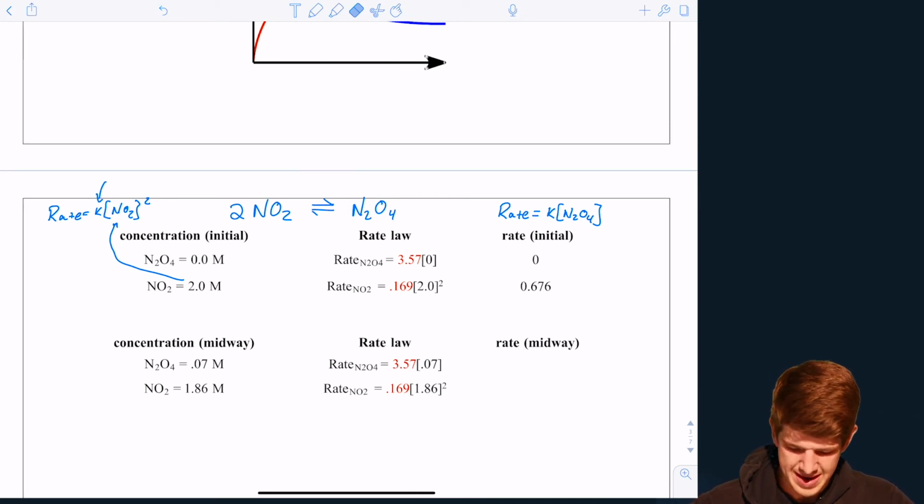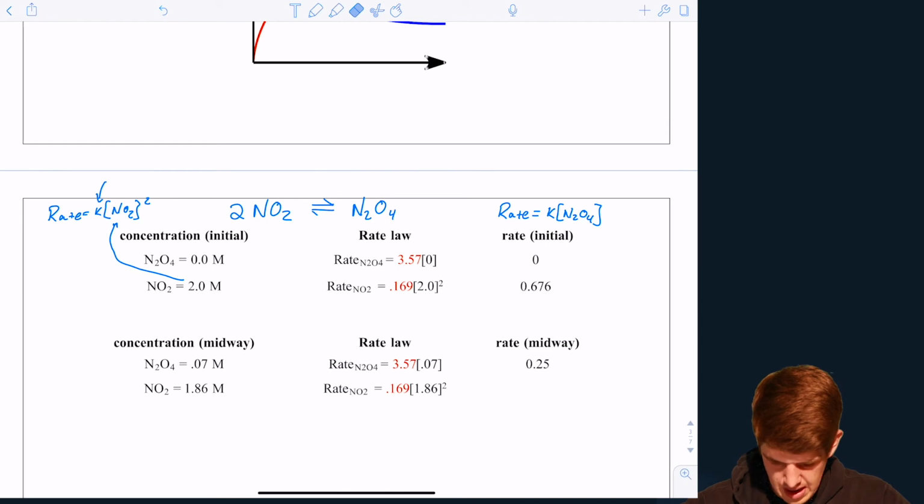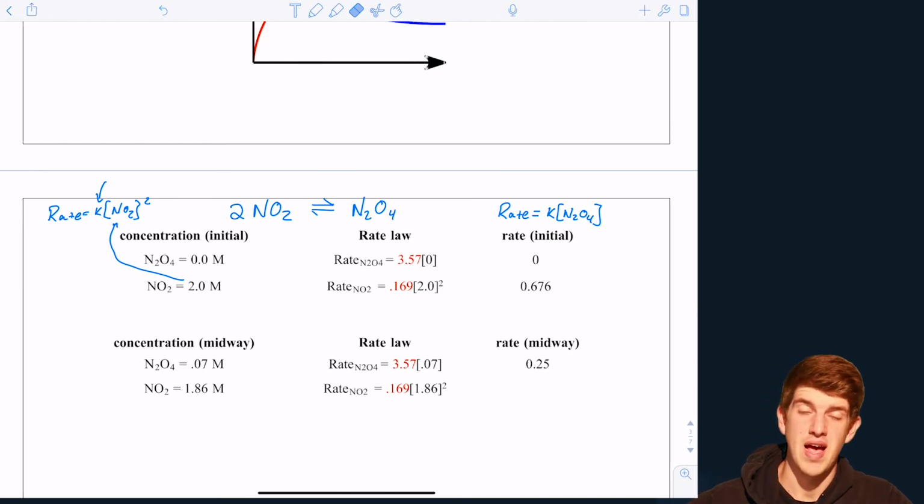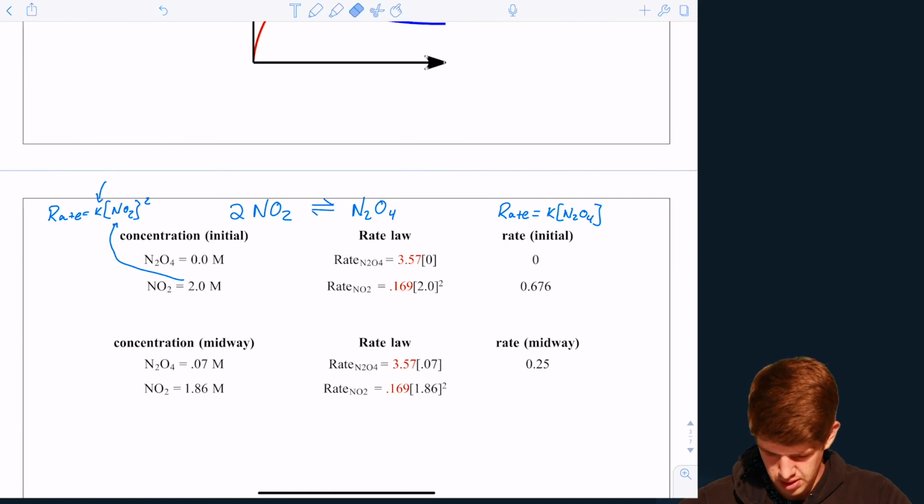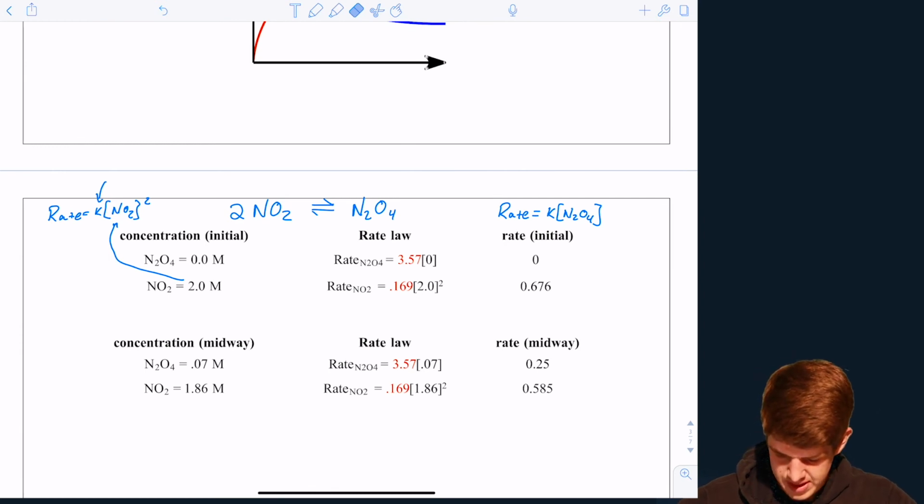Well, I'm going to have an increased rate for N2O4, at least more so than I did initially, and that's now equal to 0.25 if you do the calculation. What's going to happen to the initial rate of 0.676? It's now going to go down because we just lost some of the NO2 molecules, so our concentration is lower. So the new rate is 0.585.